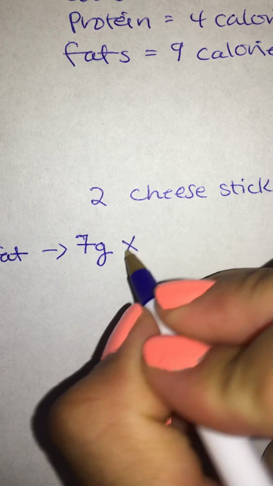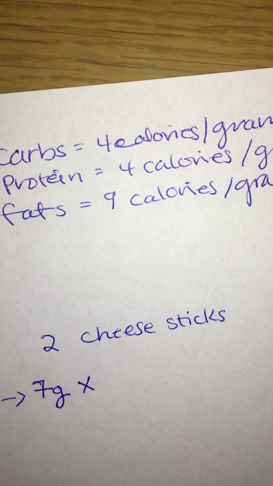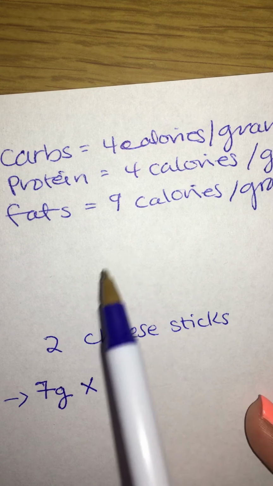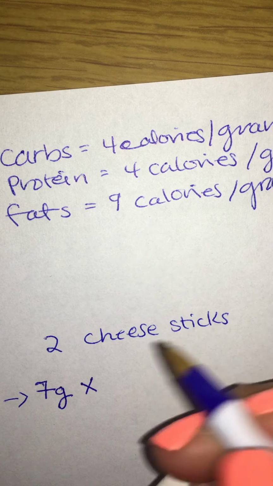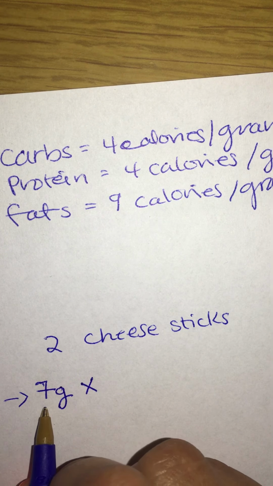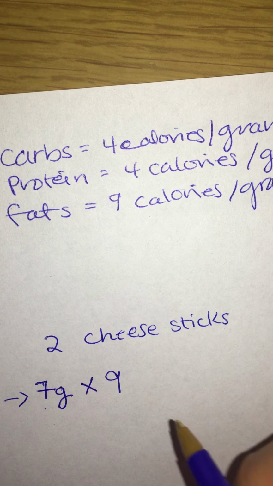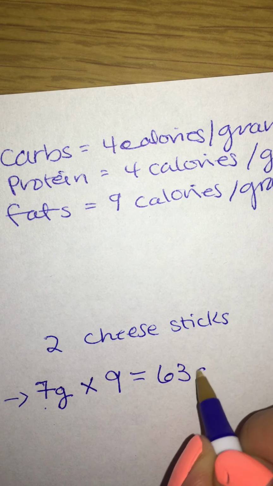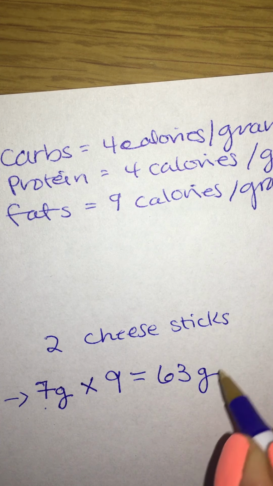Going back up, for every gram of fat we get 9 calories. So for 1 serving, 7 grams times 9 calories gives us 63 calories. But that's for 1 cheese stick.